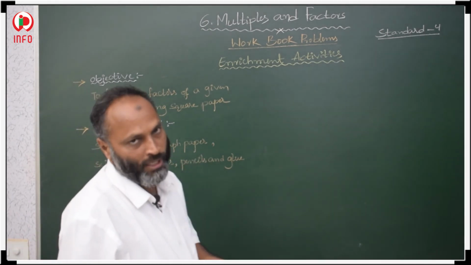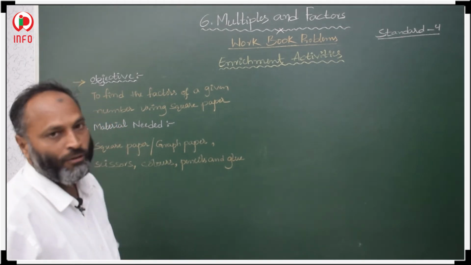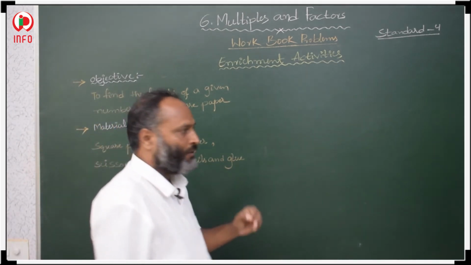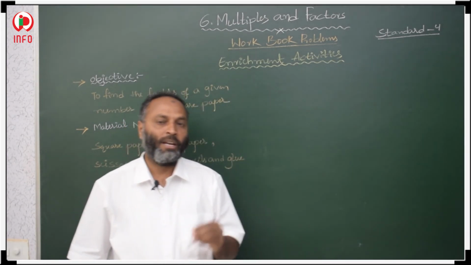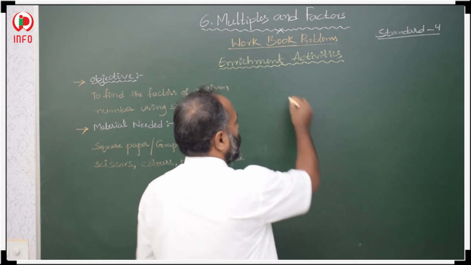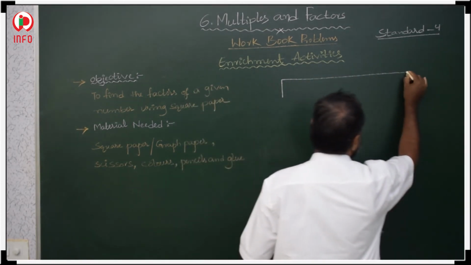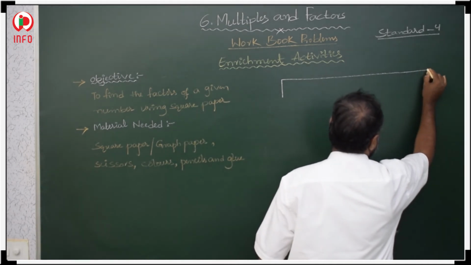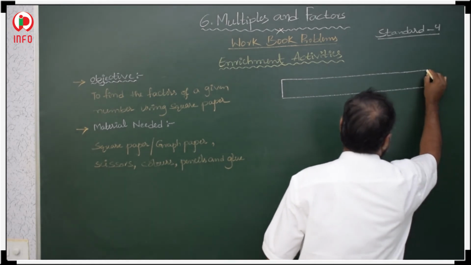These things we need. To do this activity, first we are going to find the factors of 12. For finding the factors of 12, take 12 square grids in a rectangular arrangement.